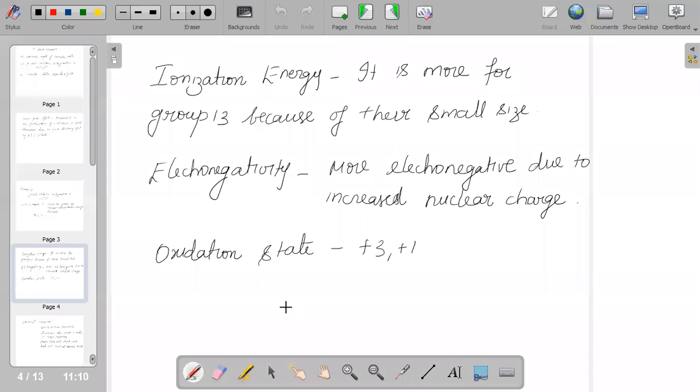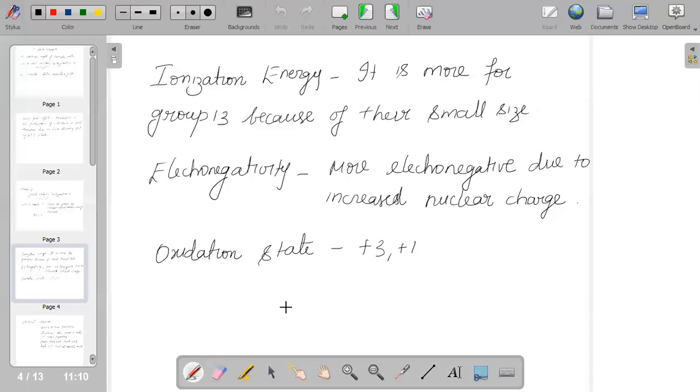That is because of the poor shielding effect. So immediately we come to how the electropositive character changes, or what happens to the electropositive character when we compare with group 2.